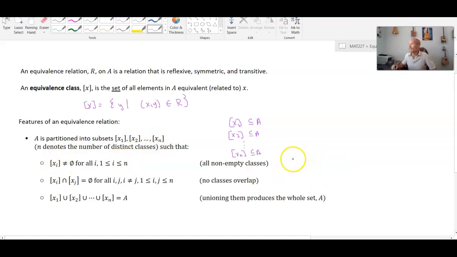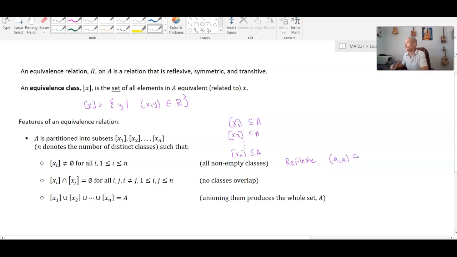Here's why. The reflexive property says that x is related to itself. And since we're dealing with equivalence relations, we know that the relation will have the reflexive property. Each element is always going to be related to itself. Well, if x is related to x, what that means is that maybe I won't use x, maybe I'll use a, comma a.